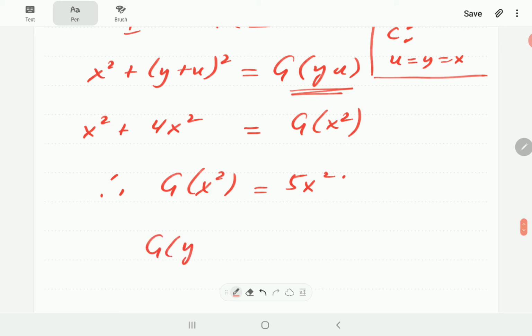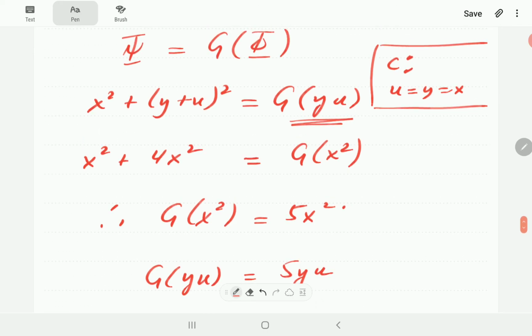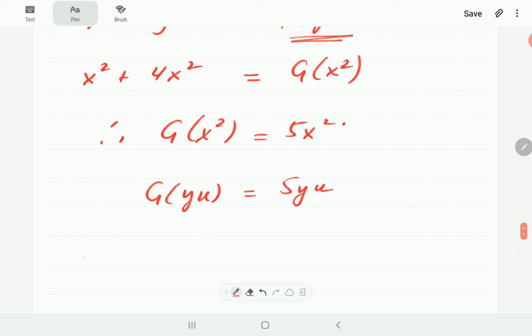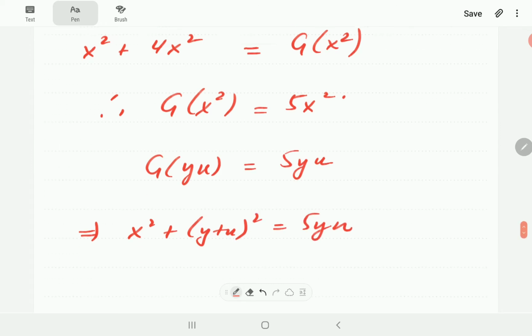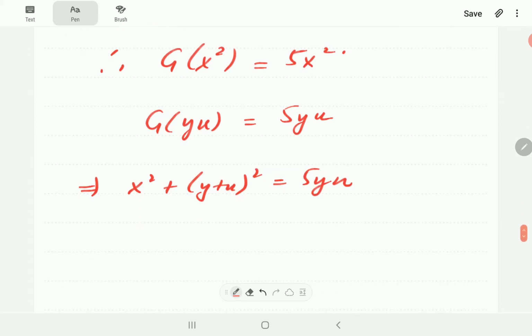So g of yu is simply going to be 5yu. And so the solution is going to be x squared plus y plus u all squared is equal to 5yu. If we like, we can remove brackets here.